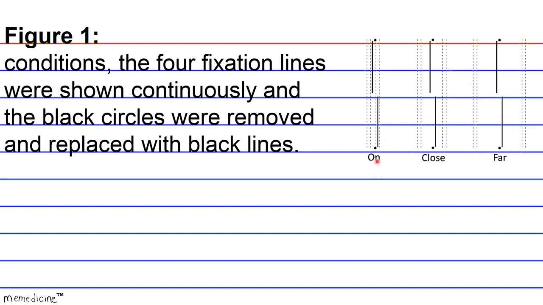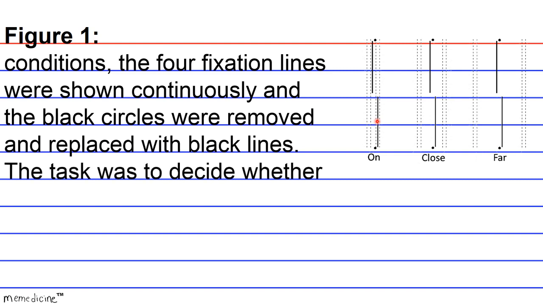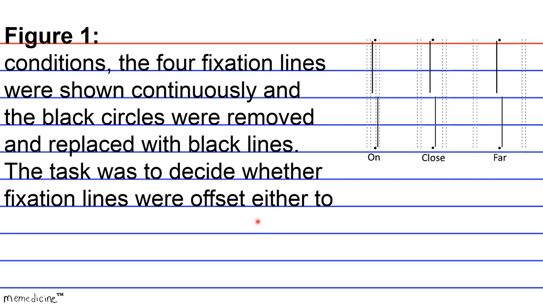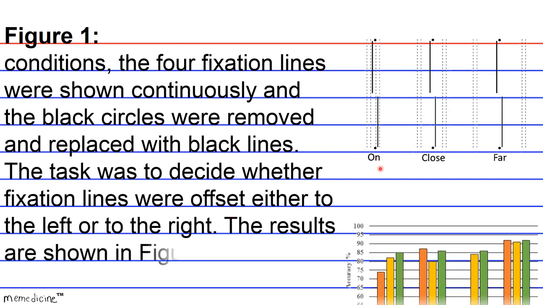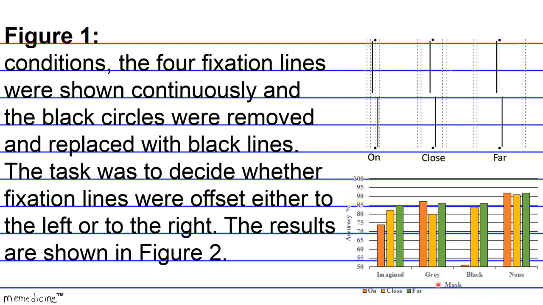Okay, so first the black circles are shown, and then they're removed and replaced with the black lines. The task was to decide whether fixation lines were offset either to the left or to the right. The results are shown in this graph in figure 2. Okay.